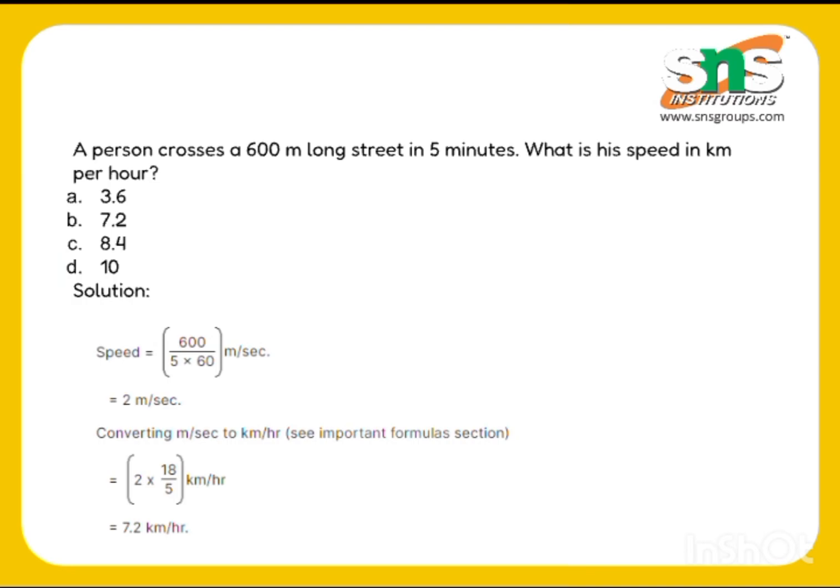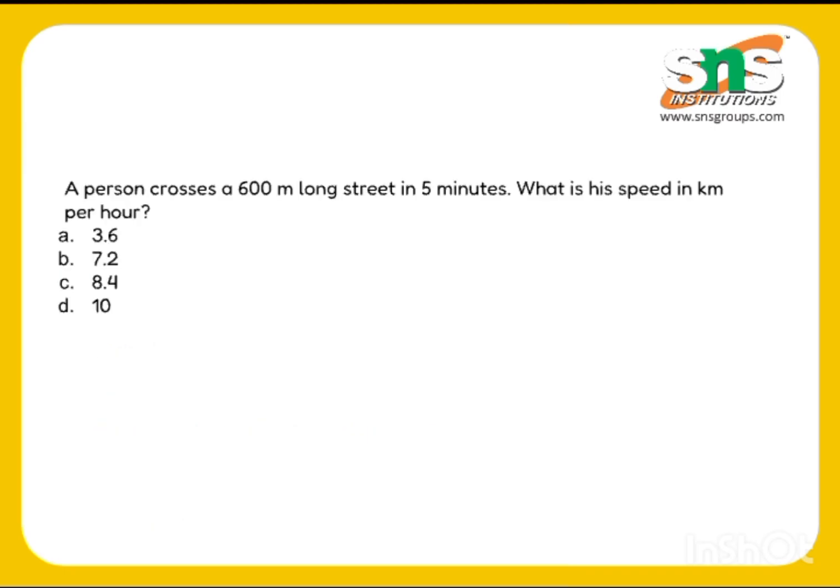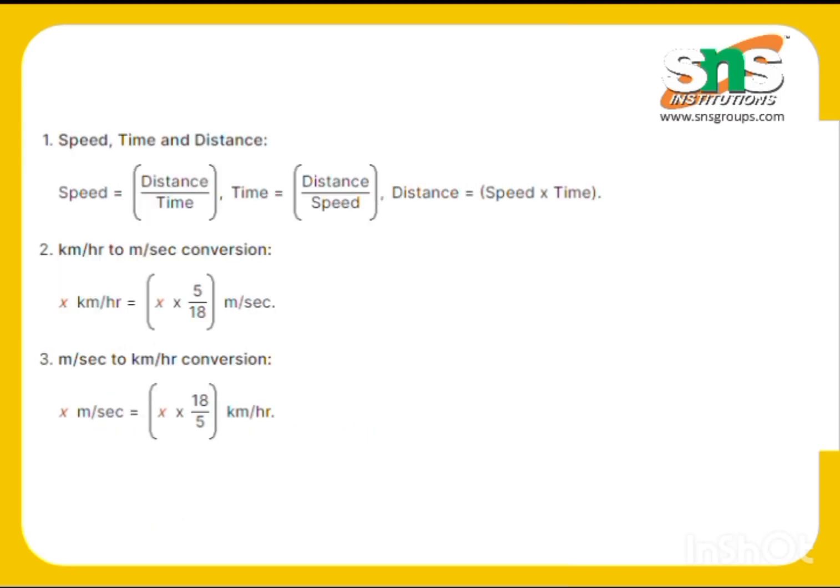First, we know speed is equal to distance by time. We have distance as 600 meters and the time is 5 minutes, which we convert to seconds, so that will be 5 into 60. So the speed is equal to 2 meter per second. We have got the unit in meter per second, as in the previous problem.